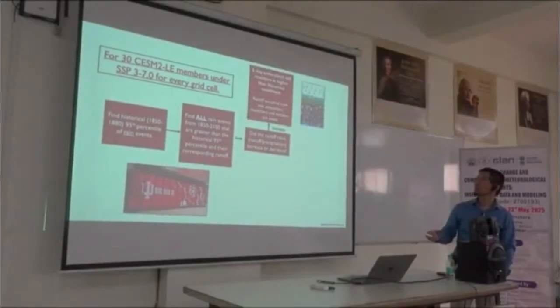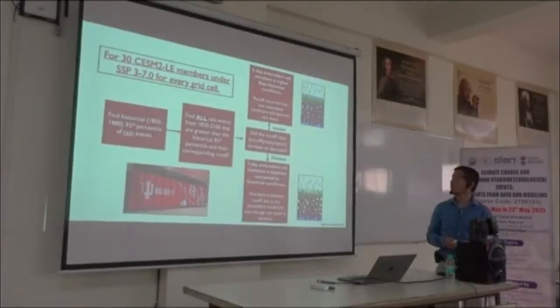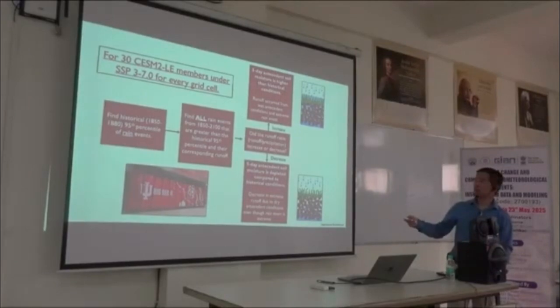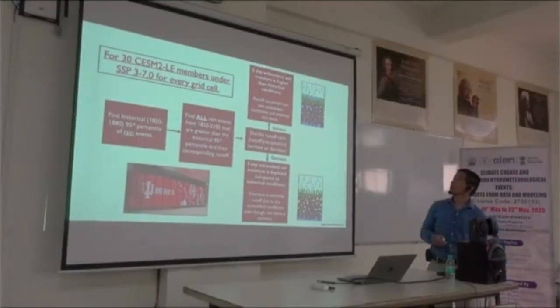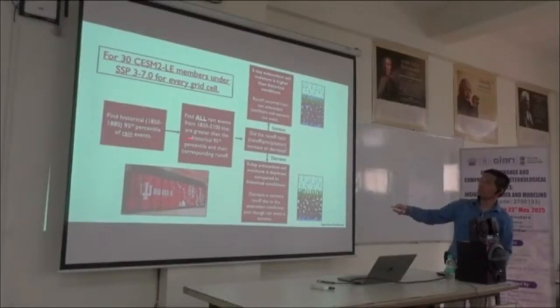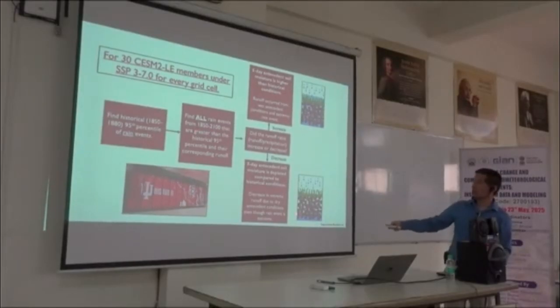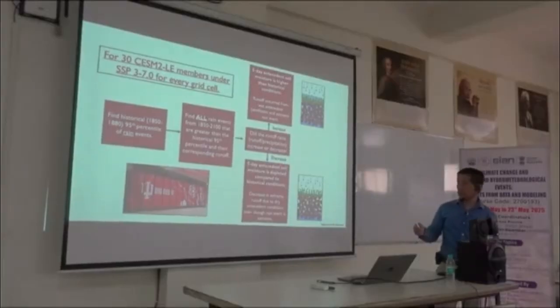Some places may have an increased runoff ratio, and some places have a decreased runoff ratio. Our hypothesis is really related to the previous soil condition. If you have a pretty wet previous soil moisture condition, very likely if you have a big rainfall event, your runoff ratio will increase. If you have a very dry soil condition and a rainfall event, the runoff ratio may not increase, maybe even decrease.